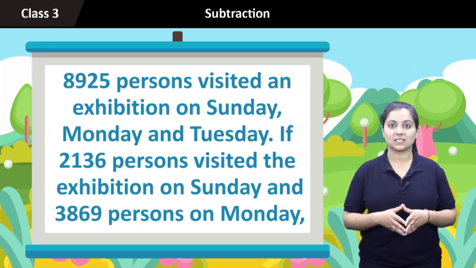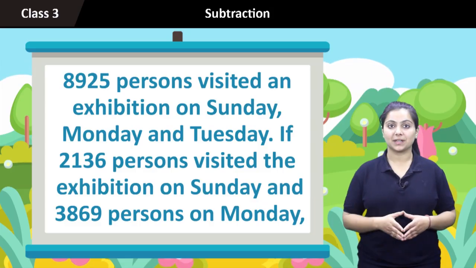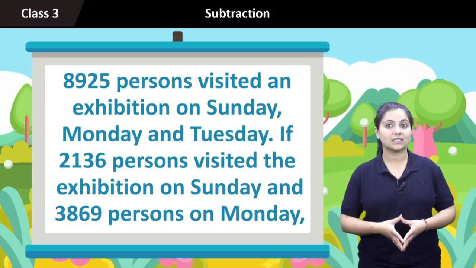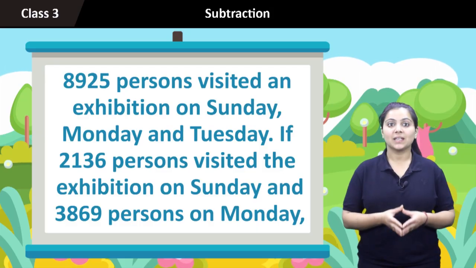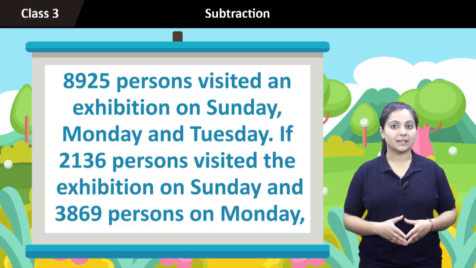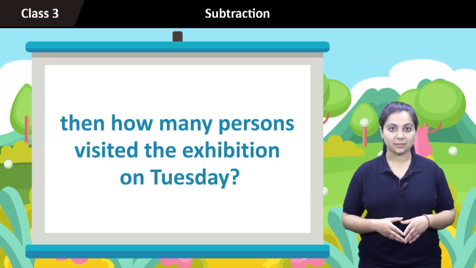Example 3. 8925 persons visited an exhibition on Sunday, Monday and Tuesday. If 2136 persons visited the exhibition on Sunday and 3869 persons on Monday, then how many persons visited the exhibition on Tuesday?